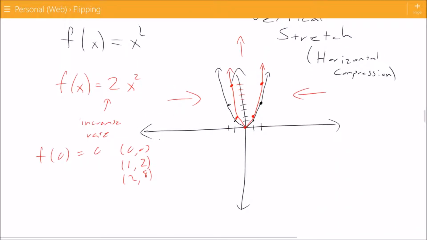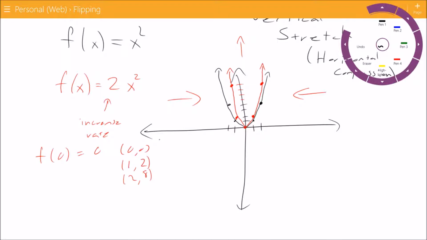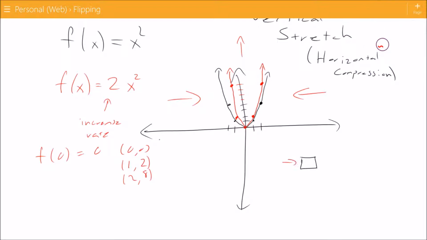You can think almost like a thing of Play-Doh. If you've got a block like that, and you squeeze it, or if you try and pull it, it's going to end up something that's a little bit thinner and also a little bit longer, vertically at least.